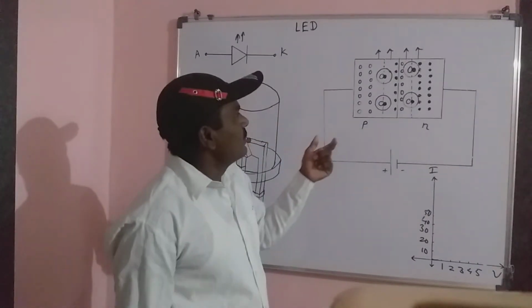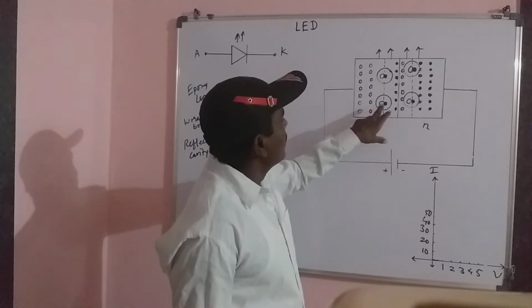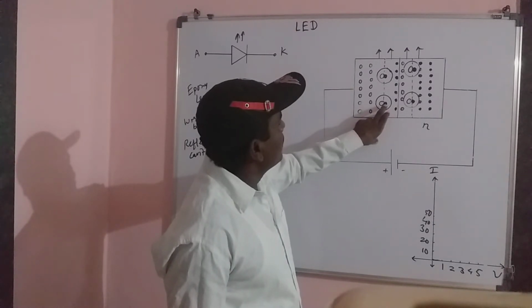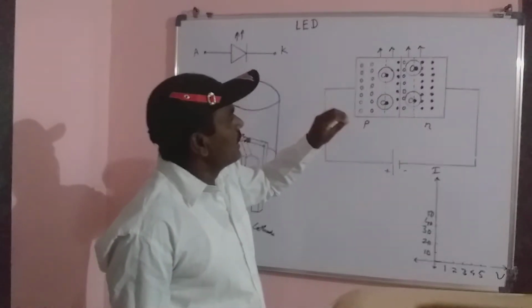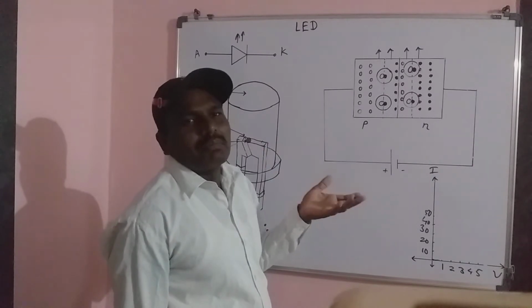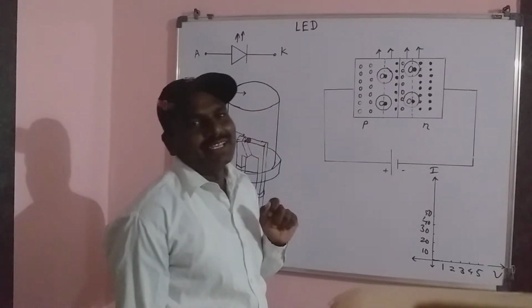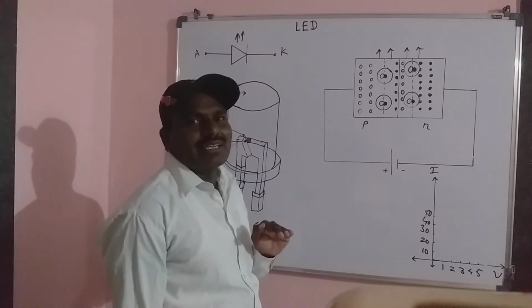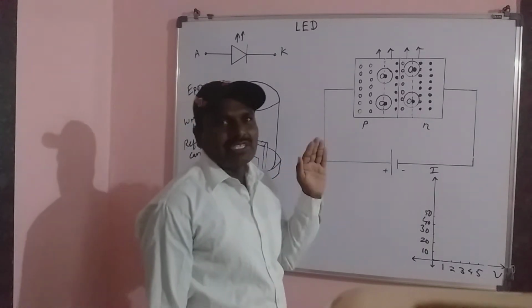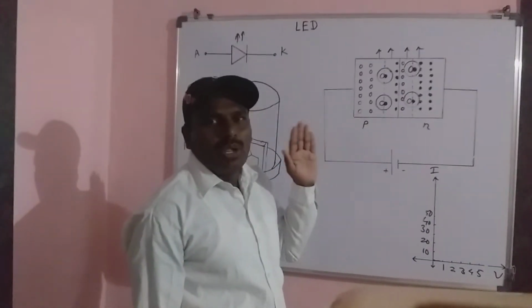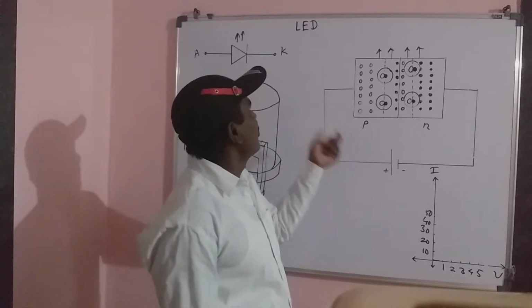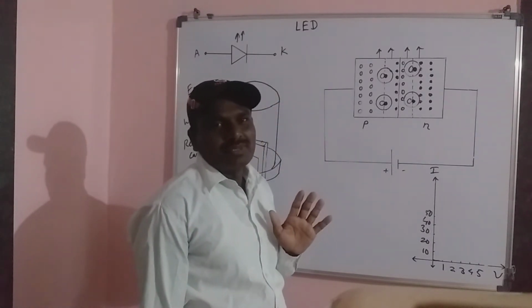The emitted light is maximum when a large forward current flows through the LED, which means the light output is directly proportional to the forward current flowing through that LED.